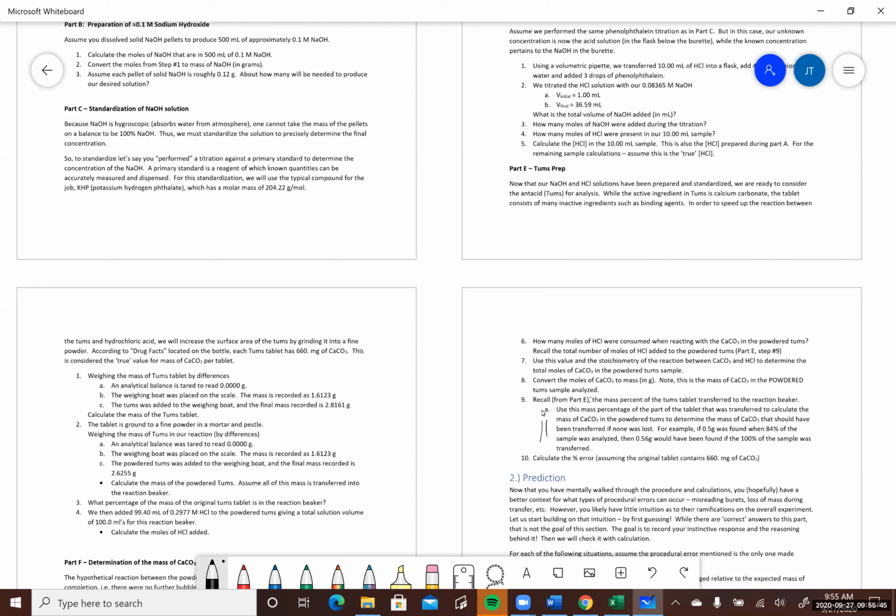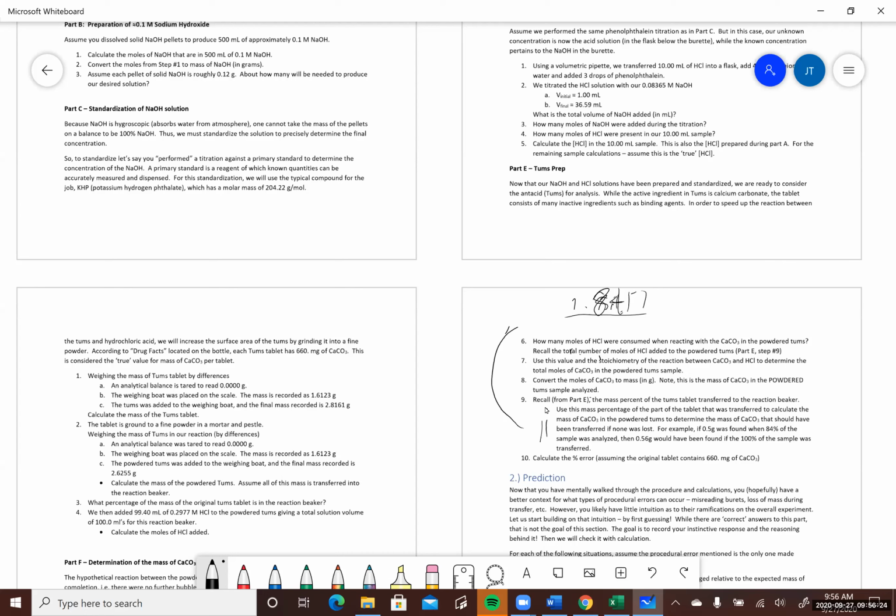So, for example, you're going to have to do some sort of a scale up here. And that scale up calculation, you can do it as a ratio. So you say, okay, I used 84% of the sample, 84.17.